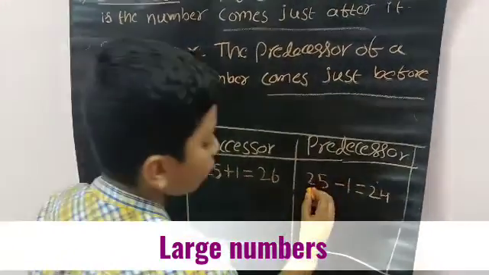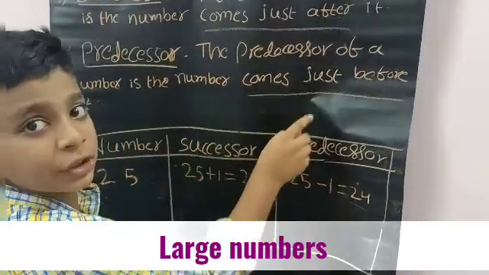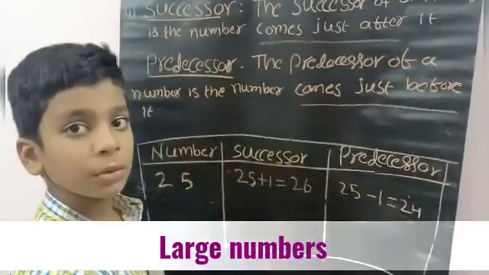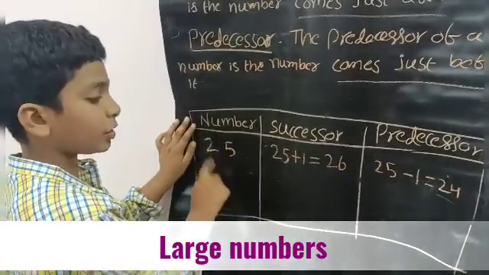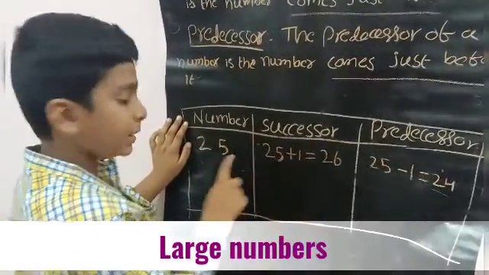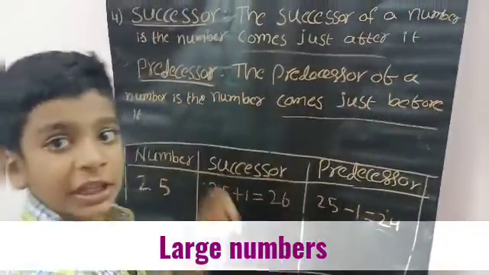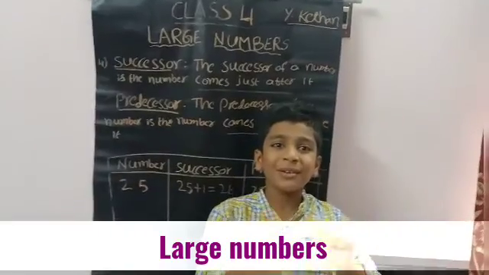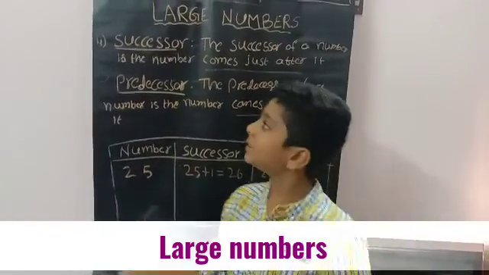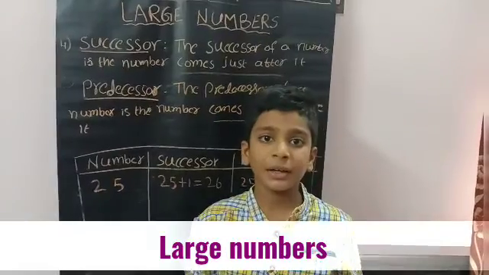So 25 minus 1 is equal to 24. So this statement is true. So 24 is the number before 25 and 26 is the number after 25. So both statements are clearly true. This is my fourth concept finished.